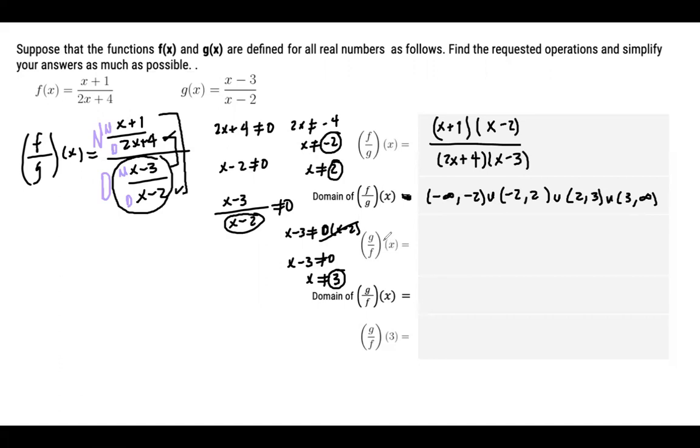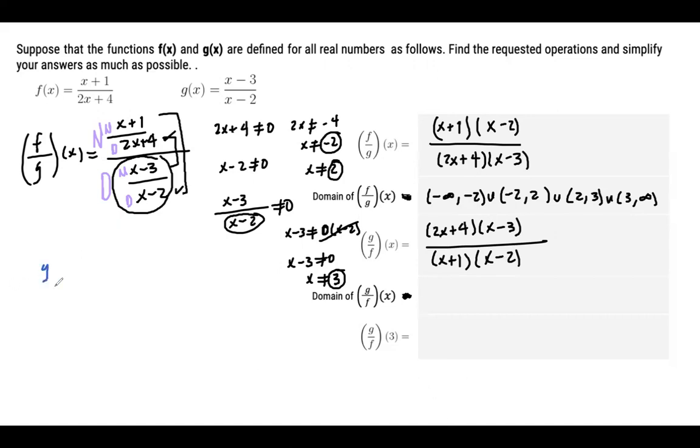Now, if you do the opposite operation, you are going to expect to have that same answer, but we're going to flip the numerator and denominator. So you're going to have 2x plus 4 times x minus 3 divided by x plus 1 times x minus 2. But as you know, that won't tell us the whole story.